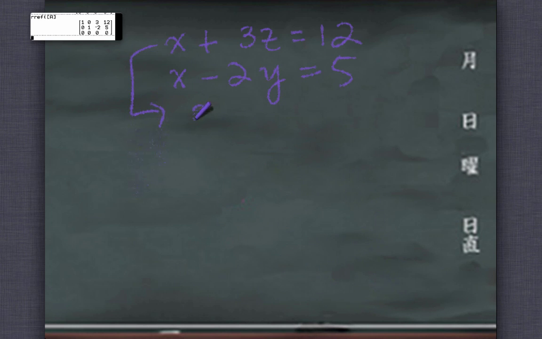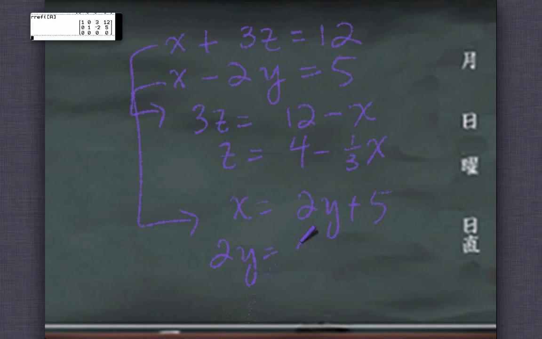So from here, 3z is 12 minus x, z is 4 minus 1/3 x, and from this one, x equals 2y plus 5, 2y equals x minus 5, y equals x minus 5 over 2.